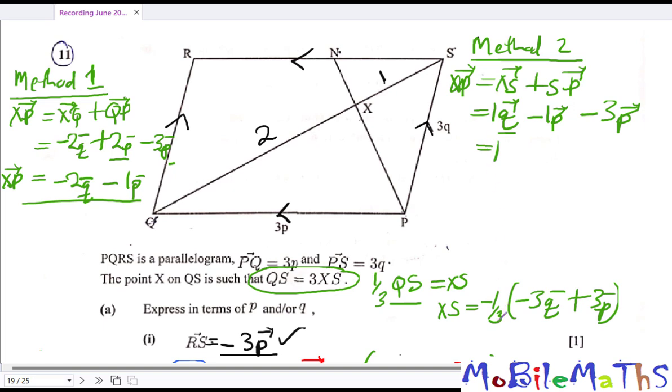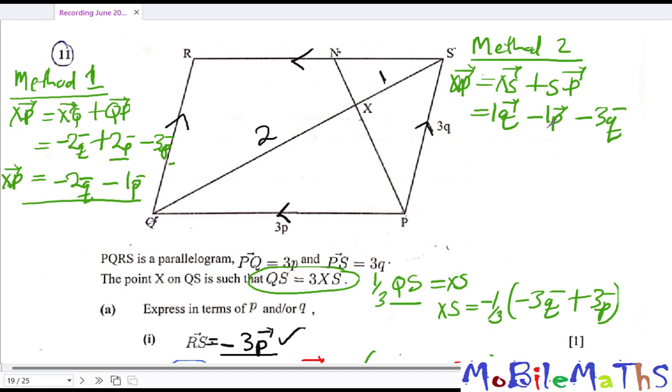Sorry, what happened here? Okay, that's correct. Is it correct here? Okay, that's correct. So we are calculating negative this one, so we have negative 3q here.